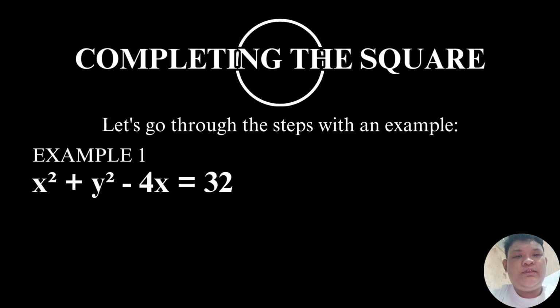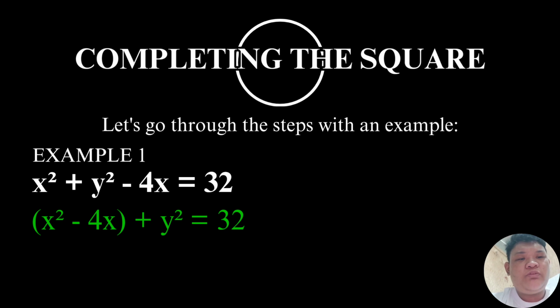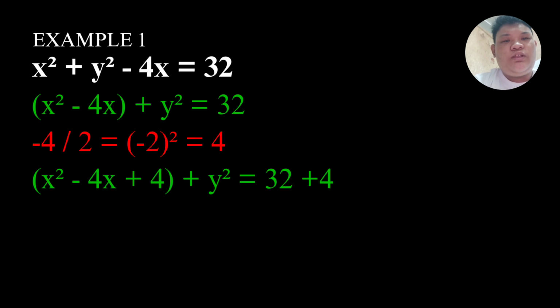Our given for the first example is x² + y² - 4x = 32. First, we group the similar variables, moving -4x next to x², also placing them in parentheses. Then, we find the square of the binomial using the coefficient negative 4. First, we divide it by 2, then square it inside the parentheses, equating to 4. We now add 4 on both sides, turning our equation into x² - 4x + 4 + y² = 32 + 4.